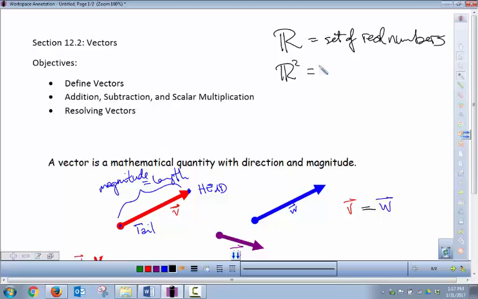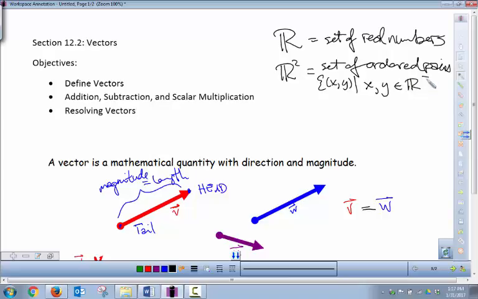So R2 is going to be the set of ordered pairs, and mathematically in set theory, when you would write this as a set, you would say x and y in parentheses, that's the ordered pair, such that x and y are real numbers.